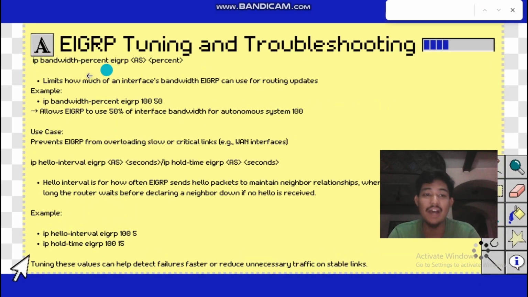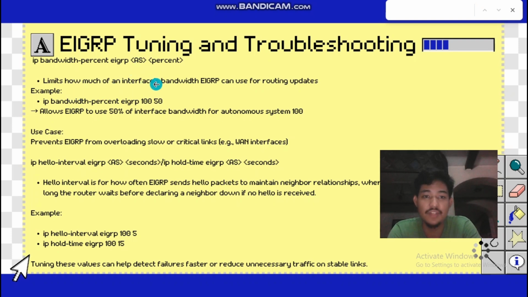And we also have ip bandwidth-percent eigrp followed by the AS number. This stands for the autonomous system number, or the process number that the user can enter. It could be any number as long as it is not taken by another process.